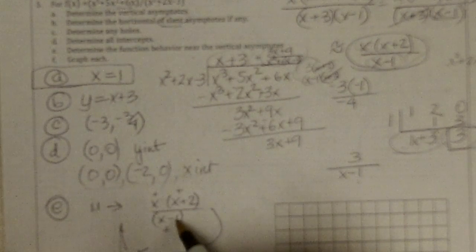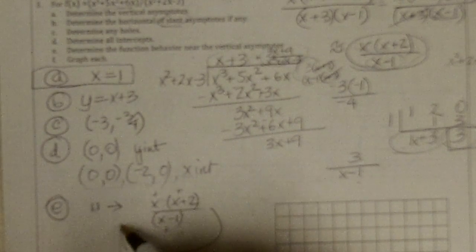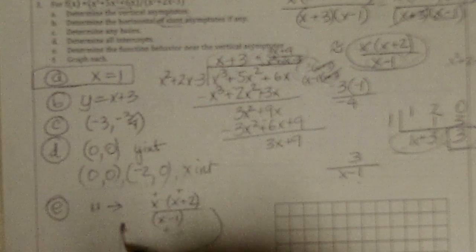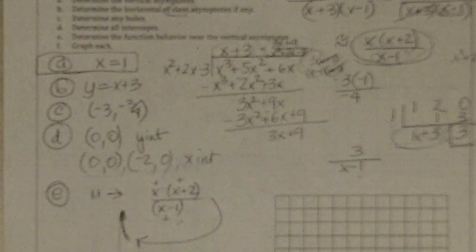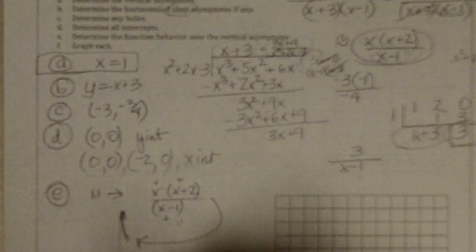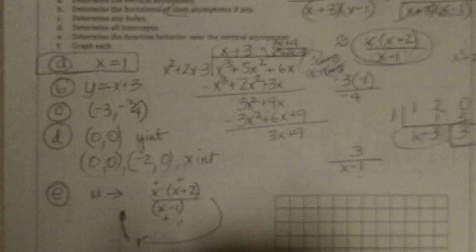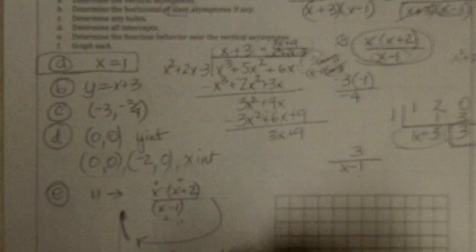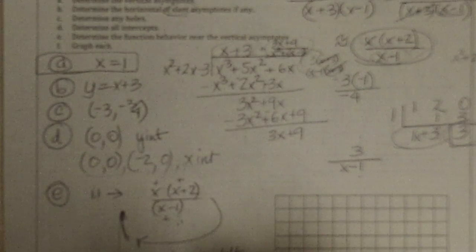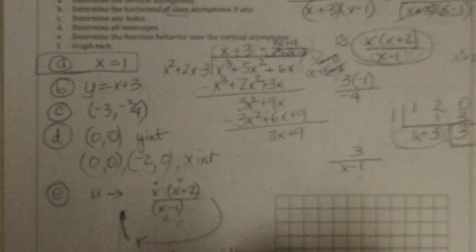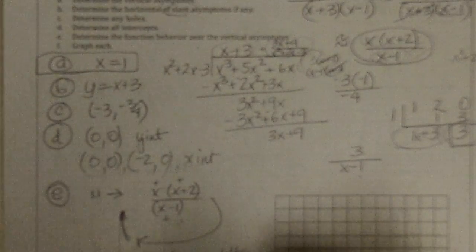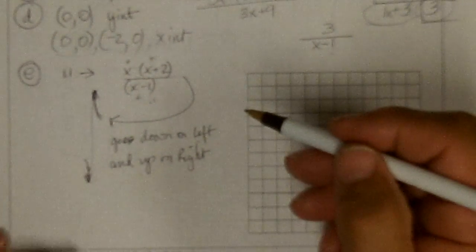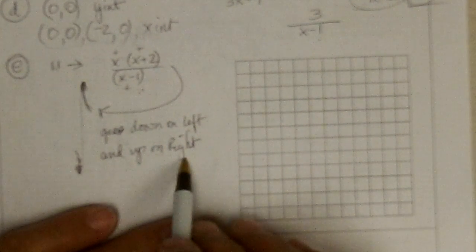That would give positive, positive, and negative, telling me it's going negative. I could have checked both sides, but since I know it has to go opposite, checking one side is enough. So it goes down on the left and up on the right. Sorry, that might have been off there.